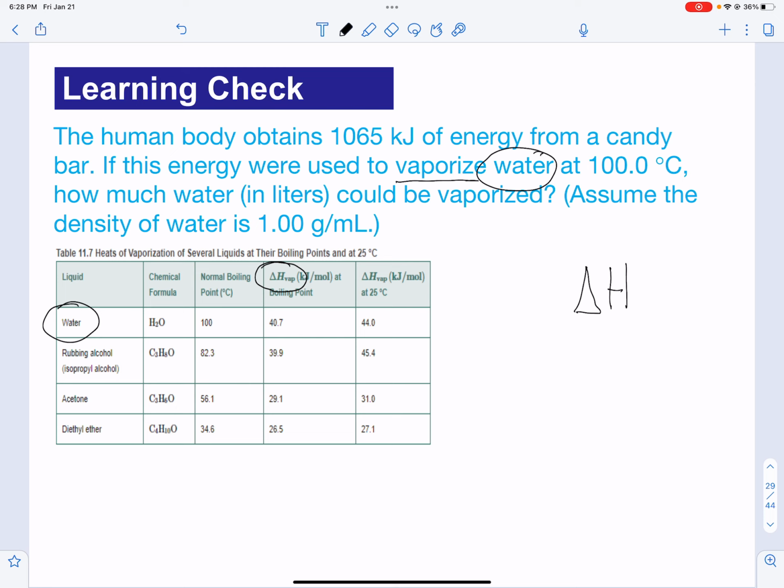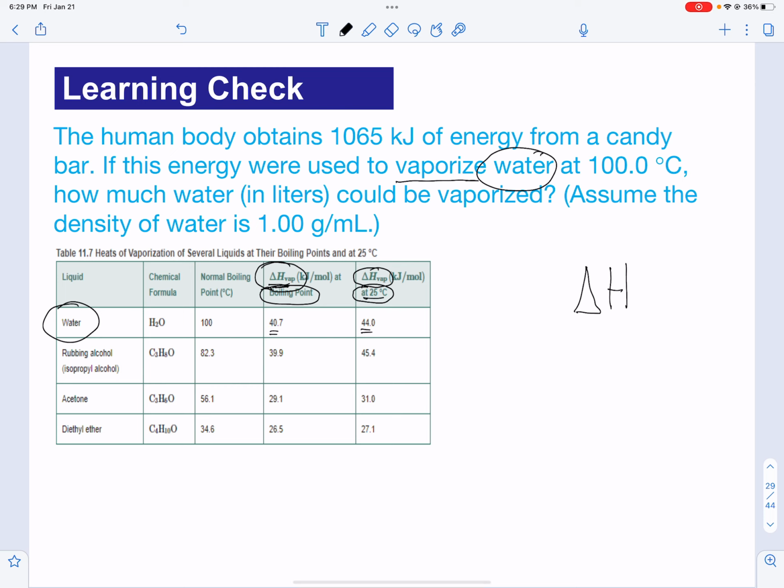In this case, it's showing the delta H of vaporization when the molecule is right at the boiling point, and also the delta H of vaporization at room temperature. At the boiling point, 100 degrees Celsius, the molecules are already moving faster, so to go from liquid to gas, all they need is a little more push. That's why you see the difference in energy.